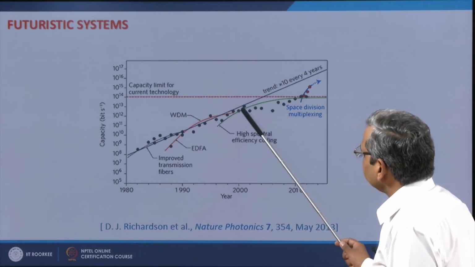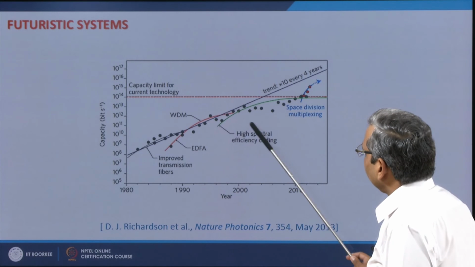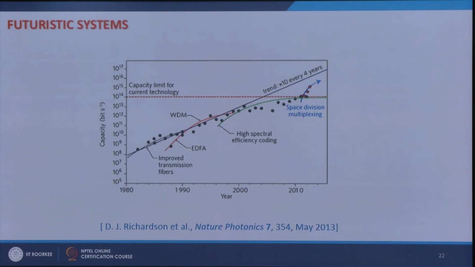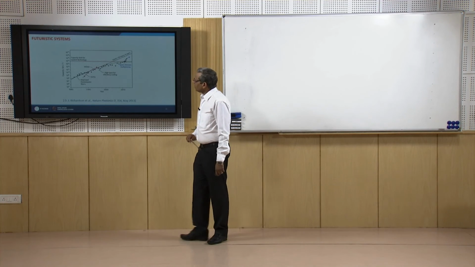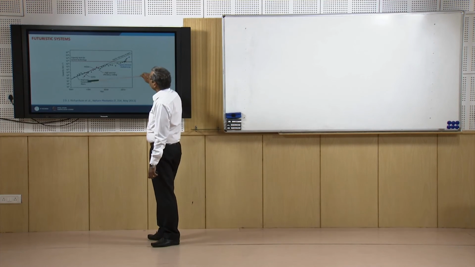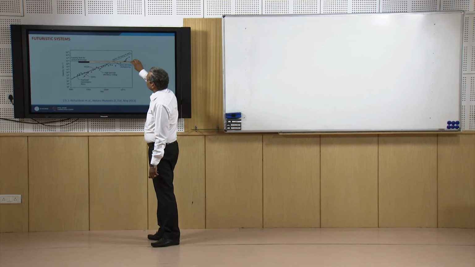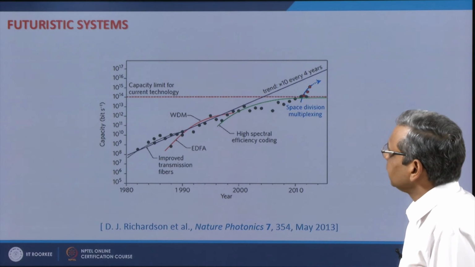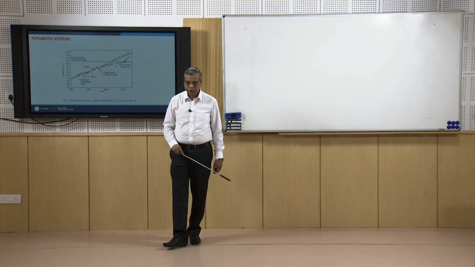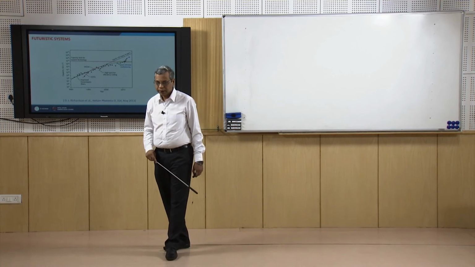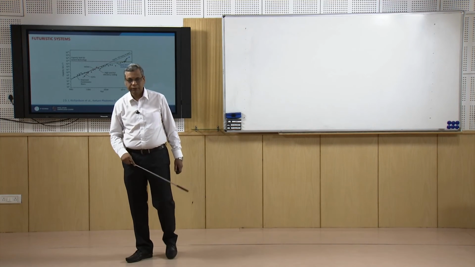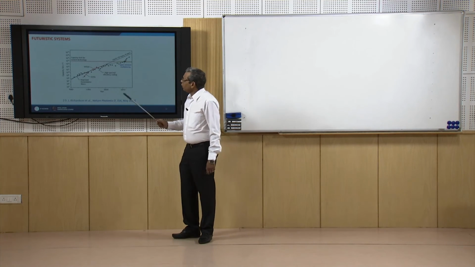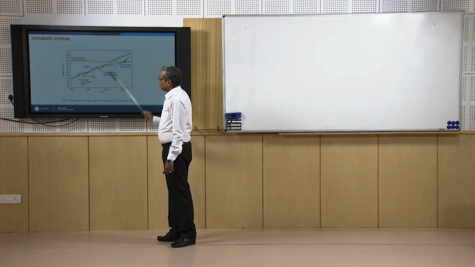Then after 2000, people tried to maintain it by high spectral efficiency coding, but now we have approached this limit, which is about 100 Tbps, which is the capacity limit of current technology, where we have utilized everything, high spectral coding, DWDM, everything.